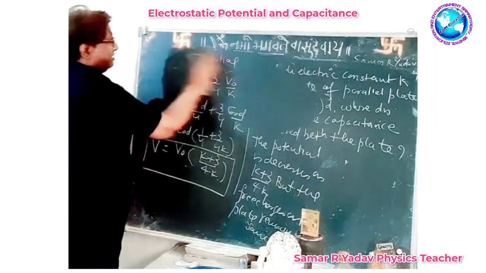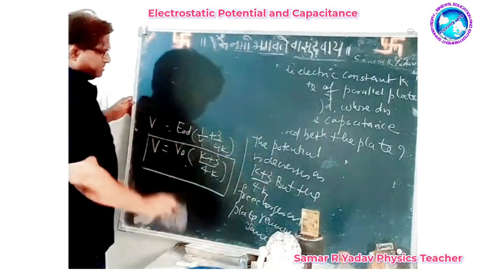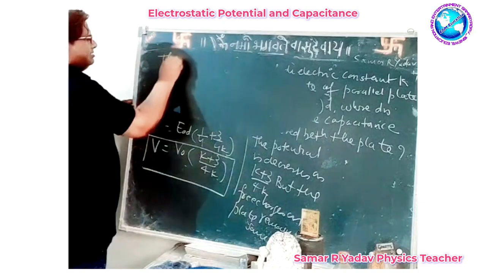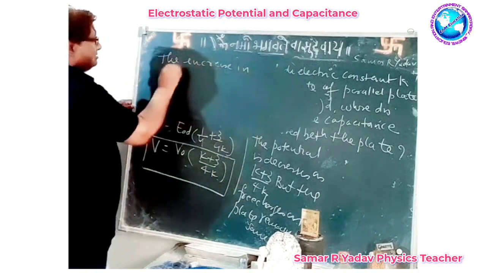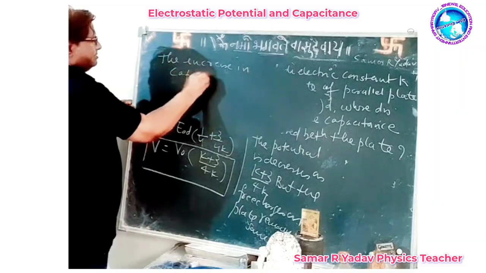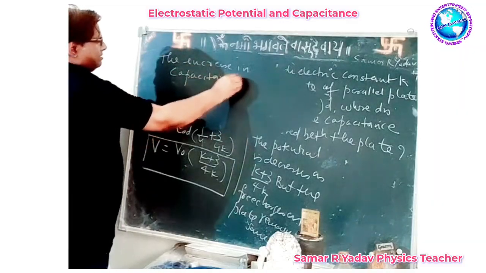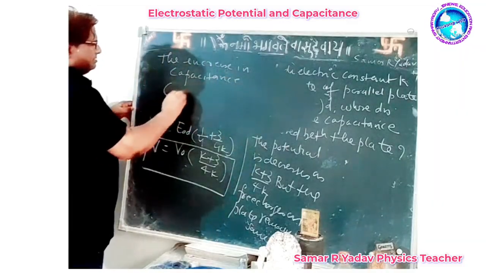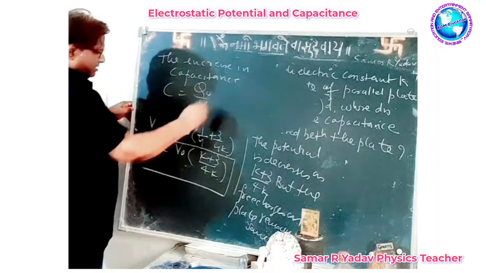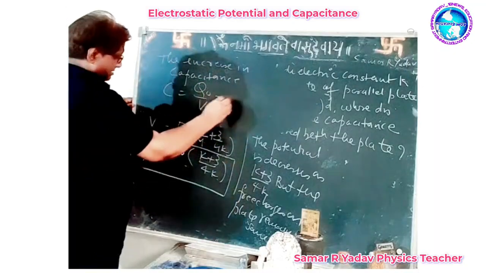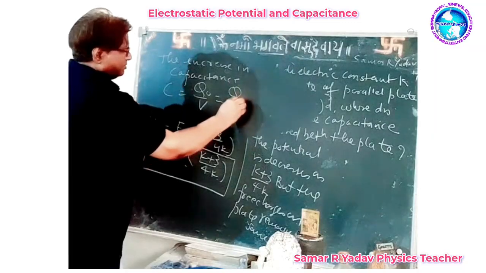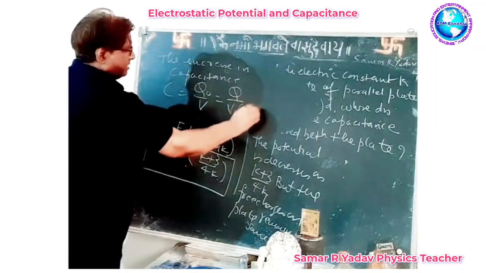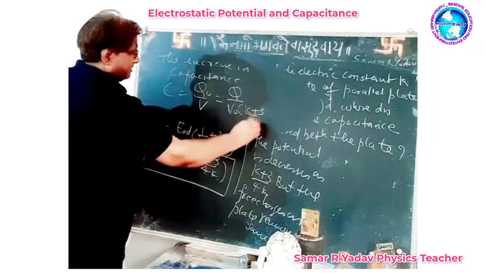Therefore, the increase in capacitance, that is C is equal to Q0 upon V. Keeping this value, we get Q0 upon V0 into 4K upon K plus 3.